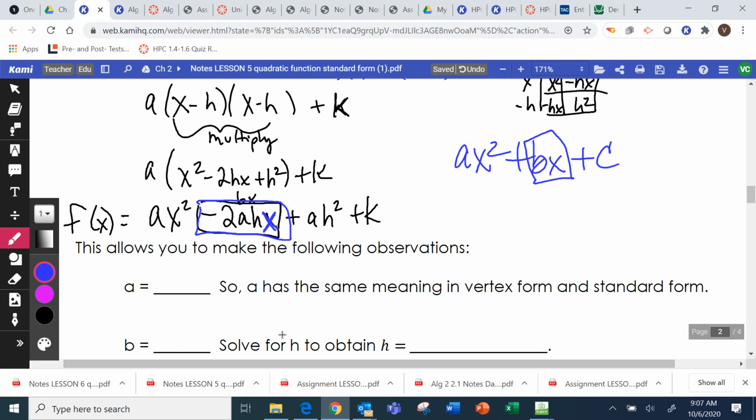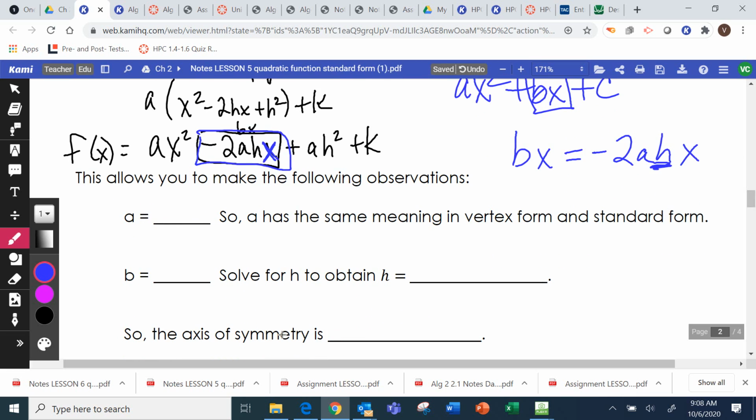So I'm going to take b equals negative 2ahx, and I'm going to solve that for h. I'm going to divide both sides by x. You guys don't have to write all this stuff down, you're just going to fill in the blanks.